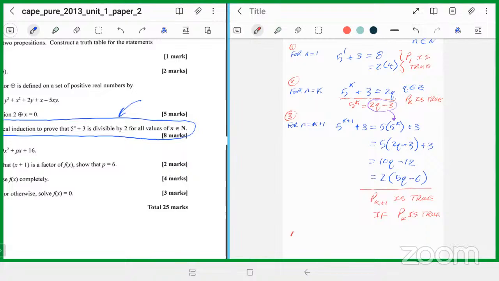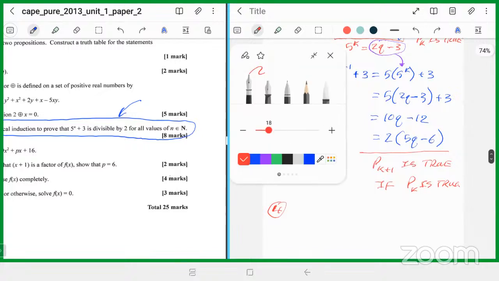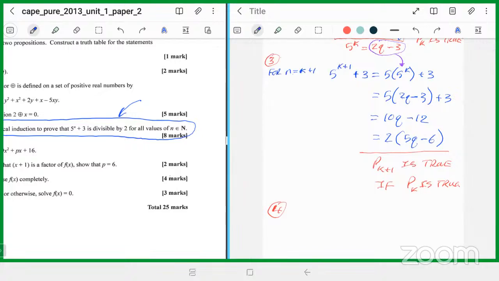Your fourth part is to write a conclusive statement. And this part, to write a conclusive statement, carries marks. If you don't write this conclusive statement, because it's a process, it's a proof, you're not going to get the full marks. And a conclusive statement is what we have there: therefore, by mathematical induction, you have to spell it out, I'm just abbreviating it now.